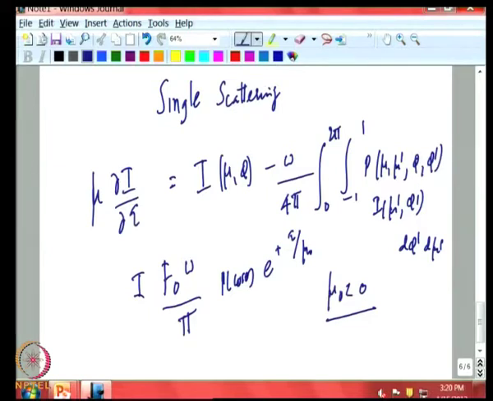Now, for the solar radiation, actually you can solve these equations fairly easily.